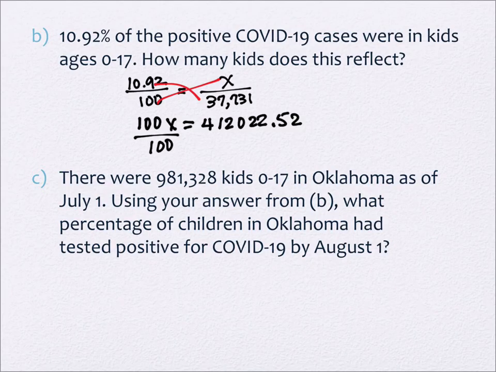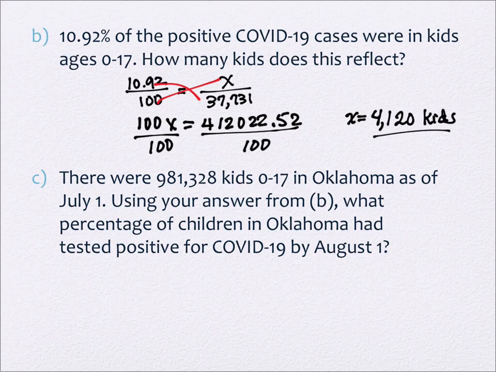And then if we divide by 100, this represents 4,120 kids. We do need a whole number of kids, so don't tell me you've got a partial child. That's not going to work. Okay, so of the 37,000, about 4,000, give or take, were children. Sound good? Okay.